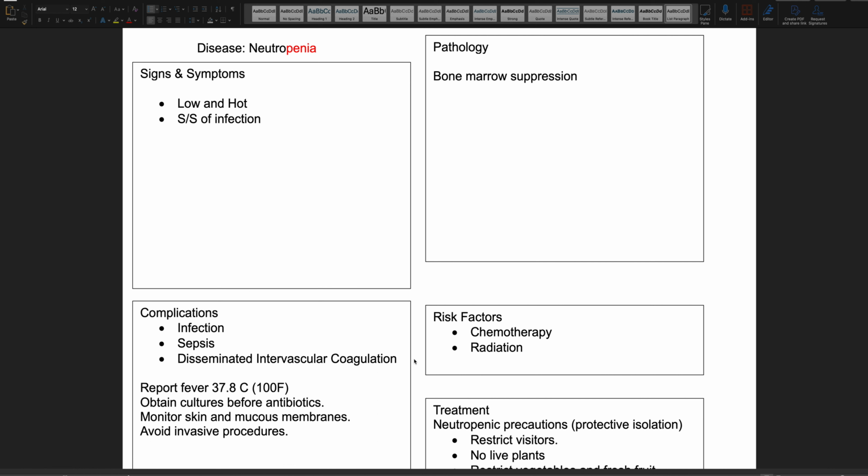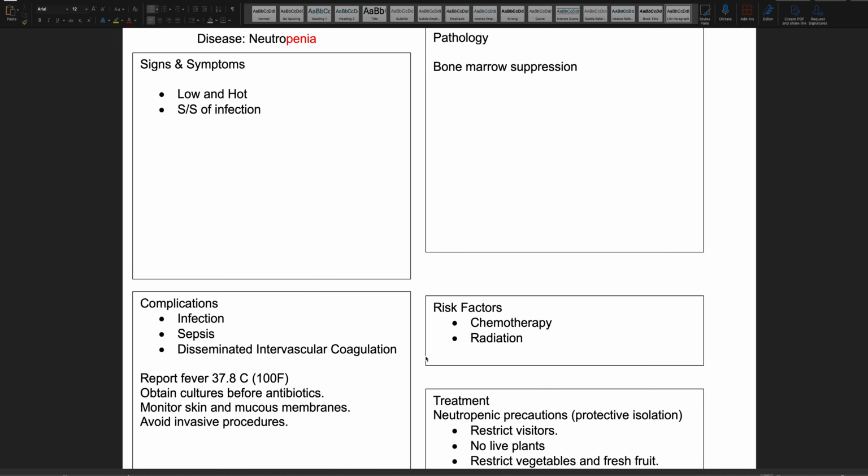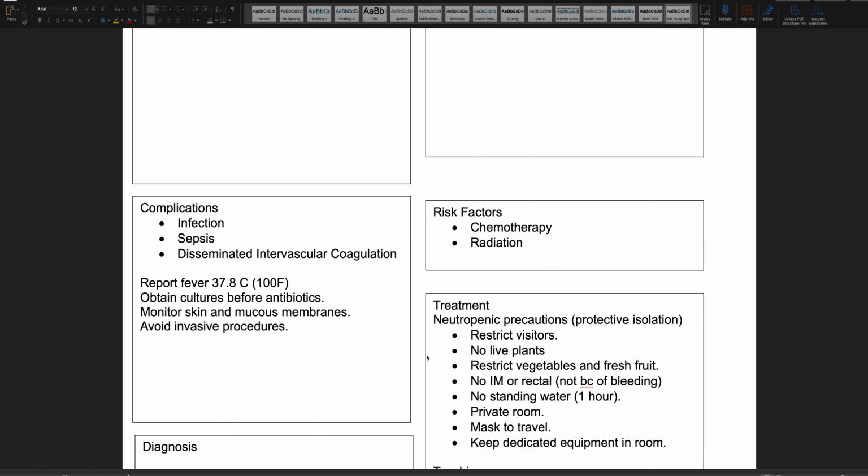Typically, chemotherapy is going to put you at risk for neutropenia, radiation treatment as well, which is often done for cancer. Sometimes immunosuppressant drugs, like if a patient had a transplant, could result in neutropenia. So the treatment, well, there are white blood cell stimulating medications that can be given.